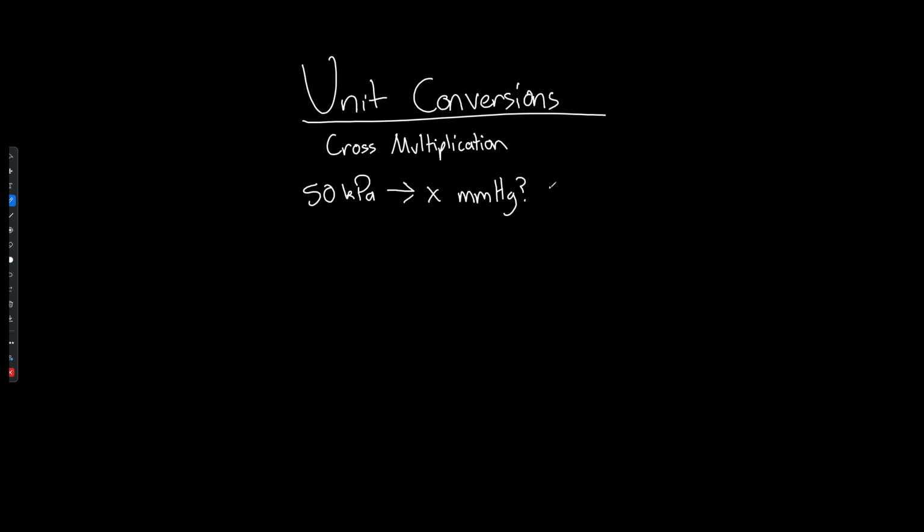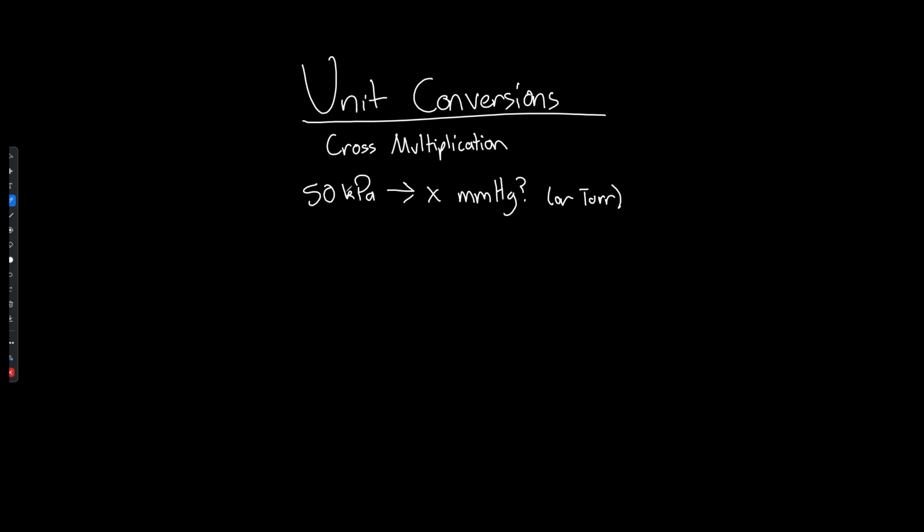I'll write that in parentheses. So we're converting kilopascals to millimeters of mercury. Pressure conversions are one of the more common ones you would see. Realistically, these aren't too common. The most common one is atmospheres to pascals, because fluid dynamics and fluid statics use pascals, whereas pretty much everything else uses atmospheres.